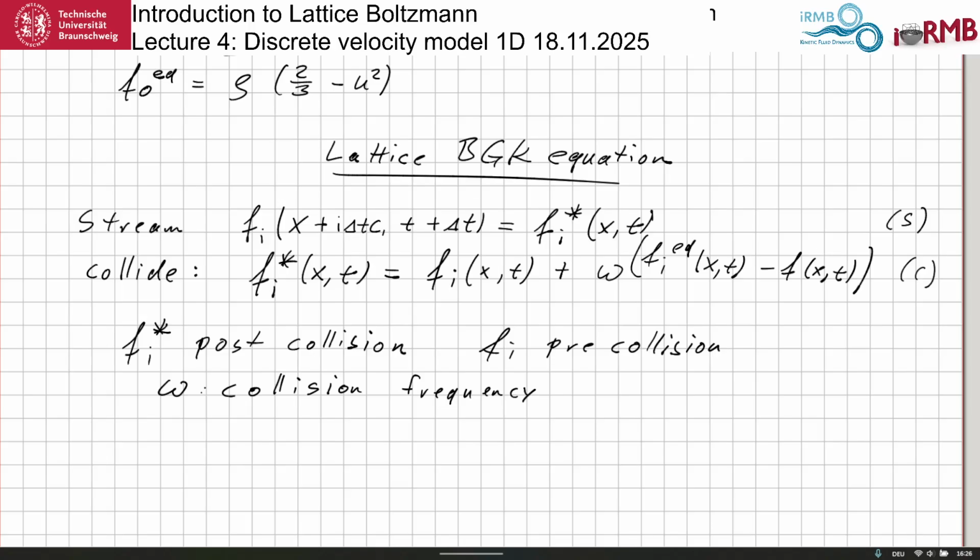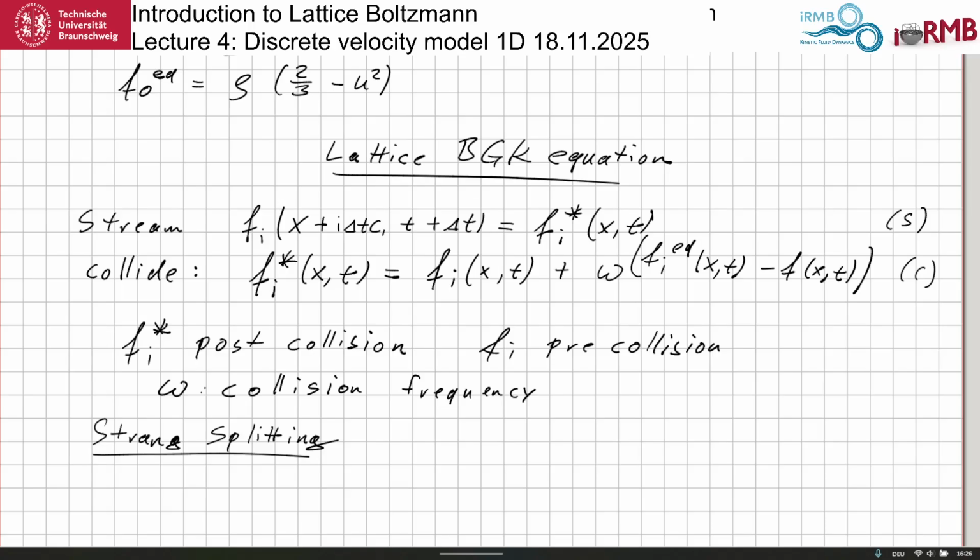But an elegant explanation why this happens was presented, I believe, in 2011 by Paul Dellar, using something that's, of course, not his idea, but that's used in mathematics, that's called Strang splitting. So Strang is the guy who invented this. Yeah, so it does not have any other meaning. So Strang splitting.